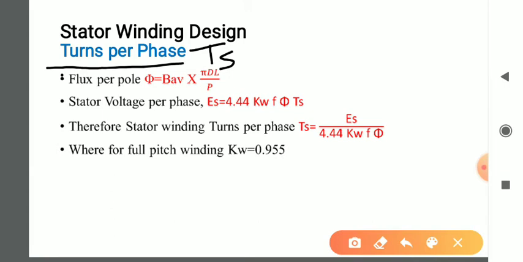As we know, the EMF equation of a three-phase induction motor is Es = 4.44 Kw f phi Ts, and from this equation we can easily calculate Ts = Es / (4.44 Kw f phi).